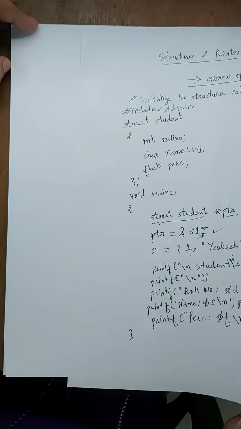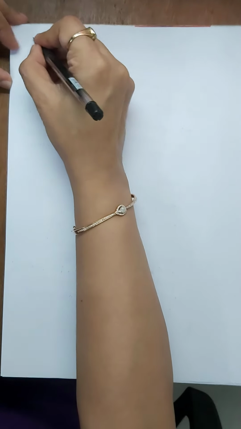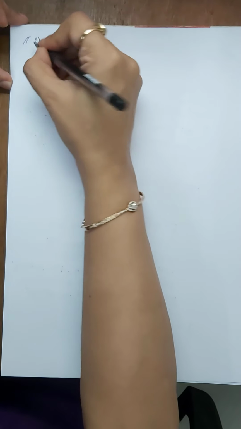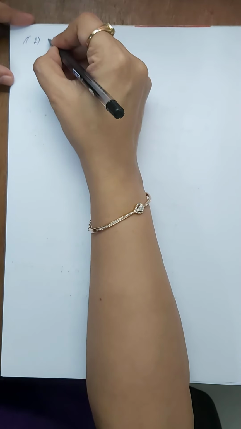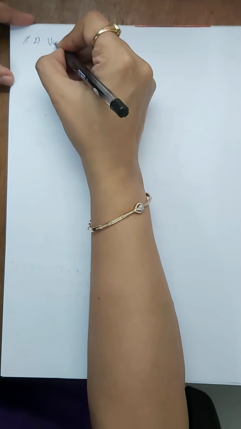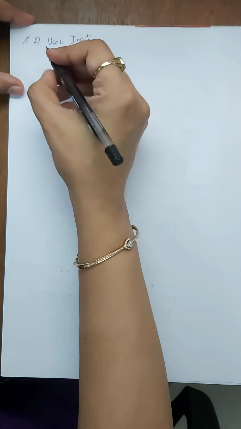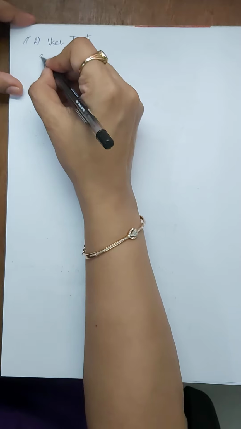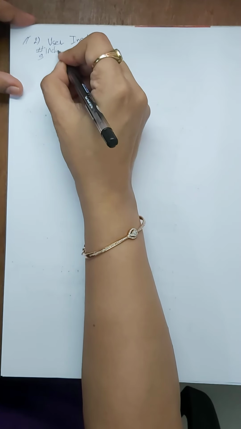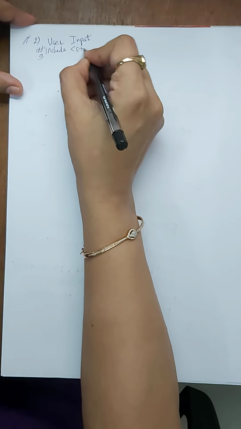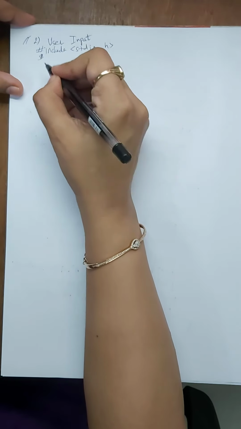Now taking the second example, we will ask the user to enter the value. So it is user input. We'll take the same again, starting with #include stdio.h, and we'll take the same structure.